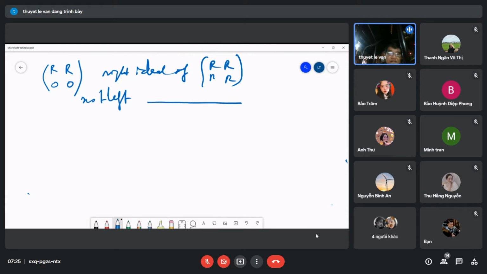Here is a not left ideal. So the right ideal and the left ideal are not the same. You can look at more detail about this. The books already write about this, so you can check this.